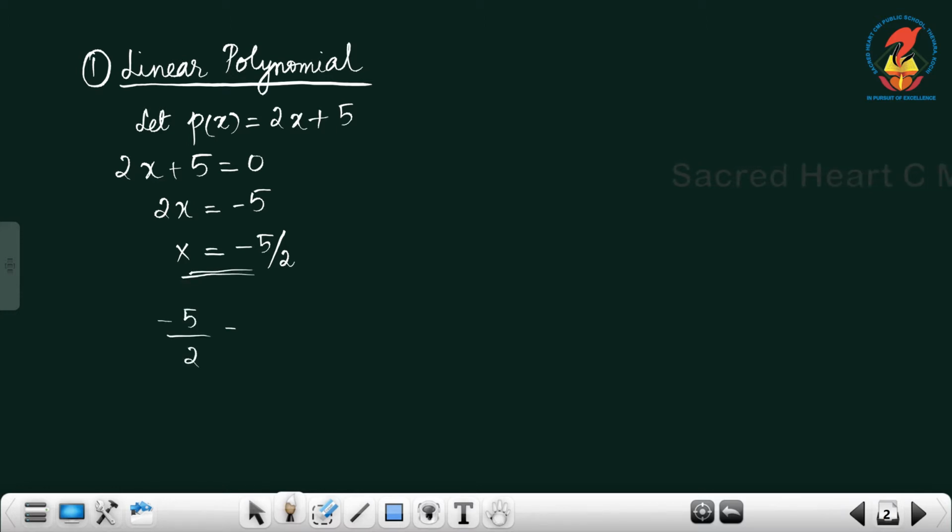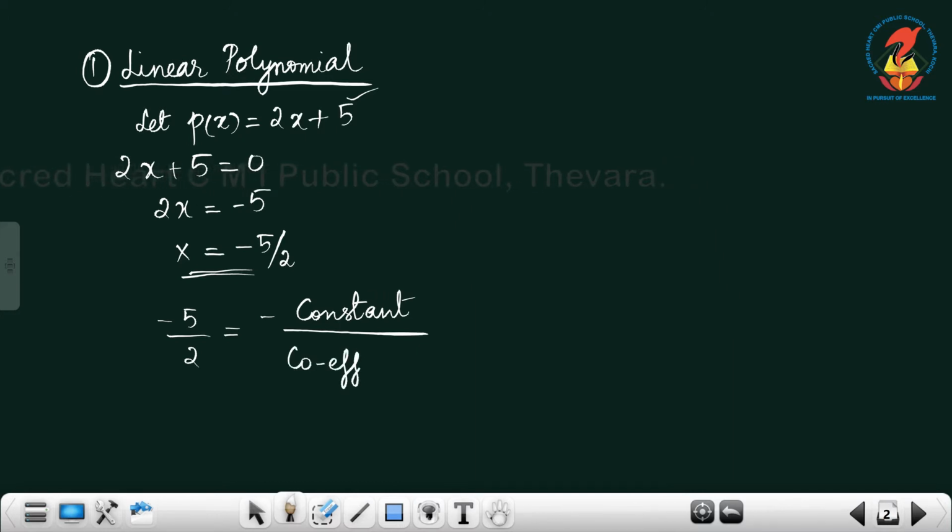Negative 5 by 2. If I keep the negative sign apart, 5 is a constant term and 2 is the coefficient of x.